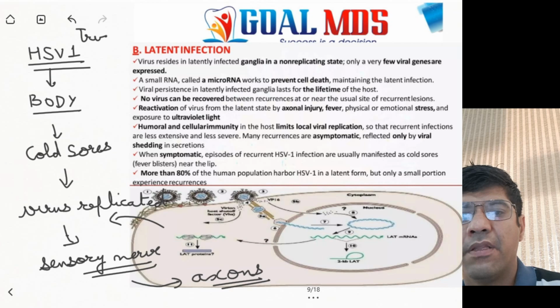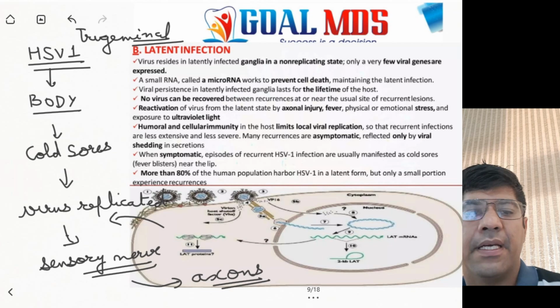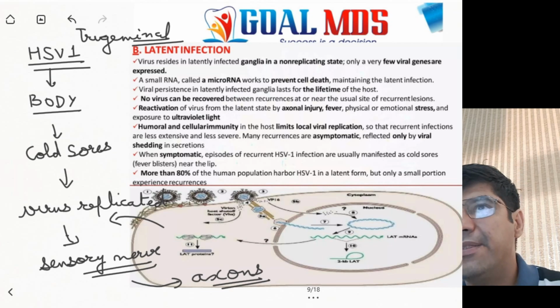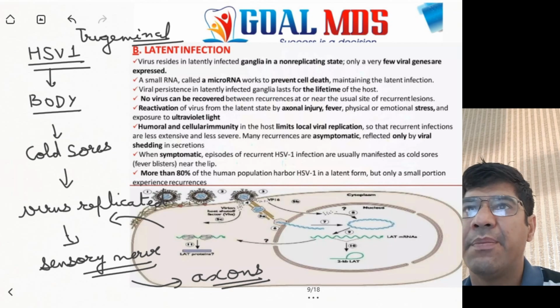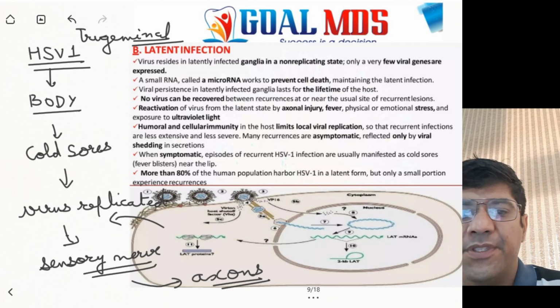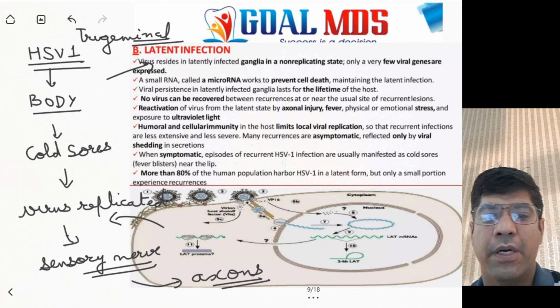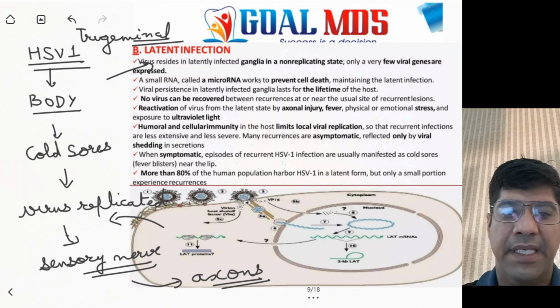Once the virus reaches the nerve cells in the ganglion, it enters a latent state. So what does that mean? A latent infection means the virus becomes inactive and does not cause any symptoms. It hides out in the nerve cells.